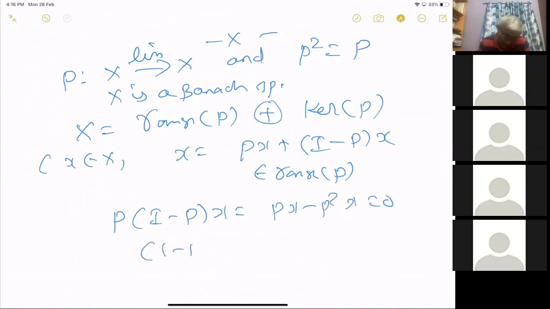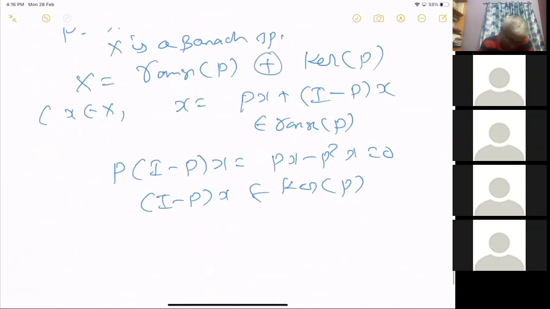So (I minus P)x is in the kernel of P. And we know that the kernel of P intersection the range of P is also 0.